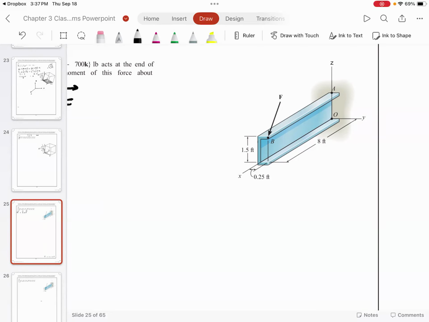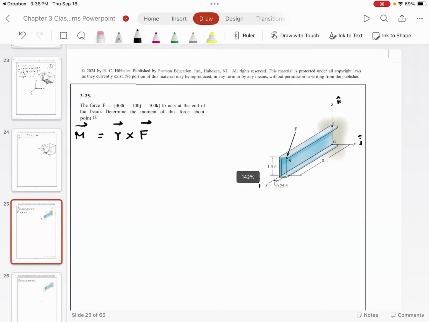But the good news here is the coordinate system given to us is a right hand coordinate system. So I'm going to assign the unit vectors. You agree with me? Unit vector in x direction is I, in y direction is J, and in z direction is K.